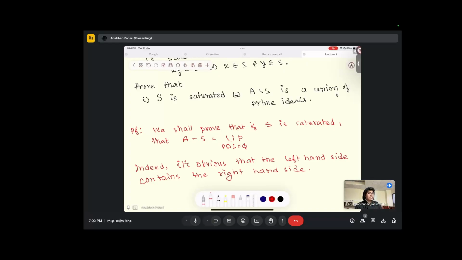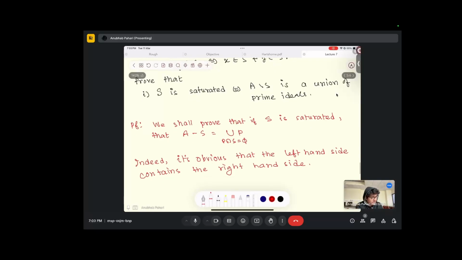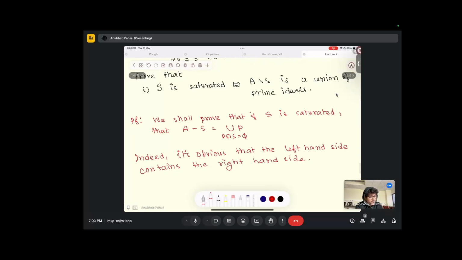Because if you take any element from here, suppose small p from capital P, and that is not in capital S, then it is in A minus S. Yeah, this containment is fine.